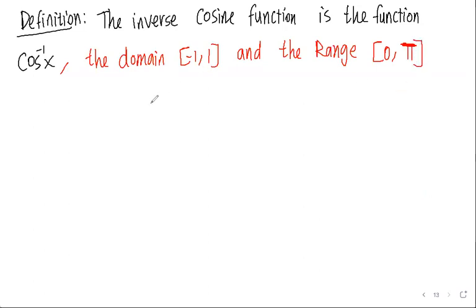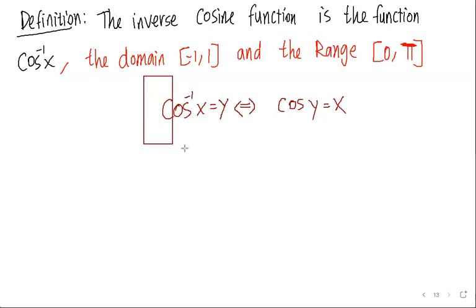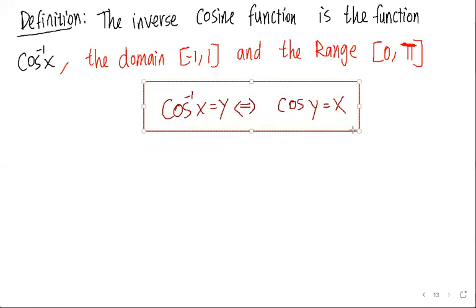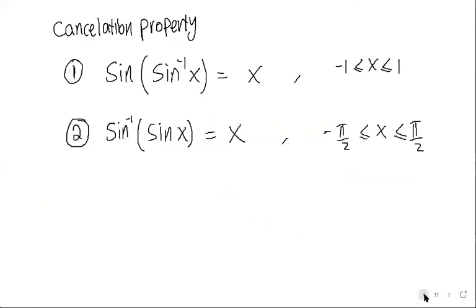Okay, so how can I define it? This is the important thing here: cosine inverse of x equals y. This means cosine of y equals x. Same thing here.